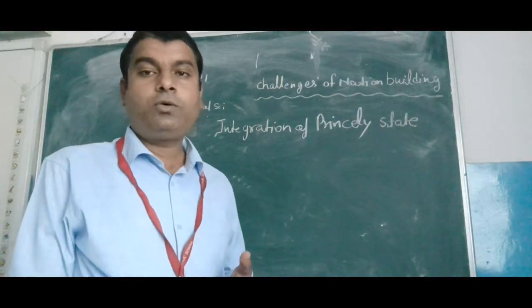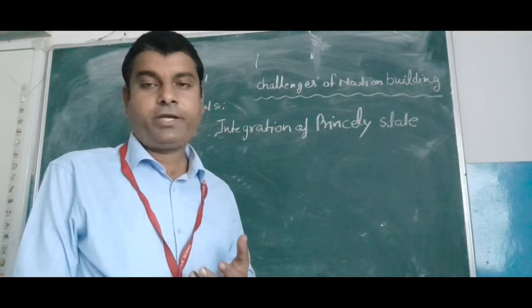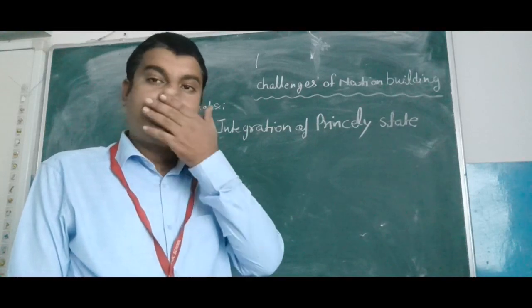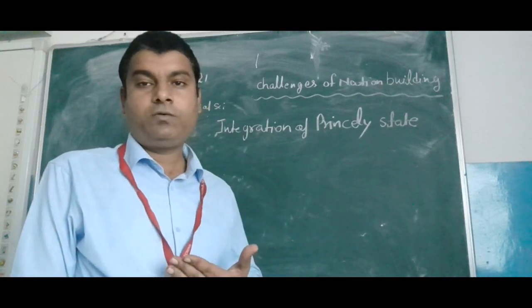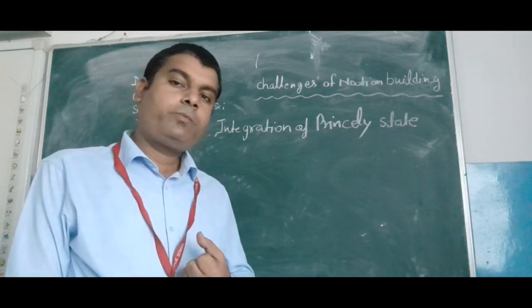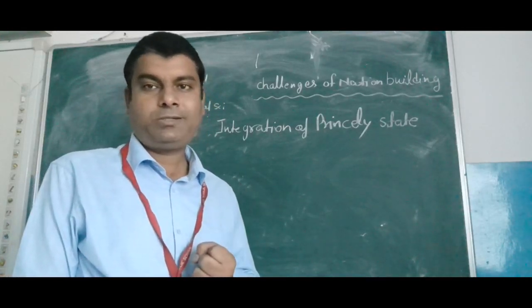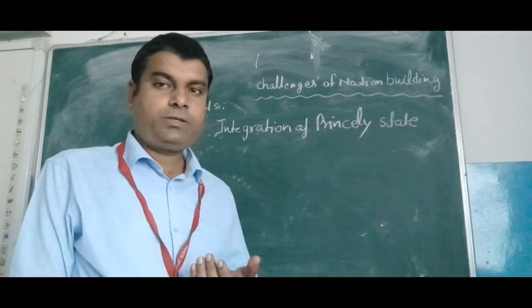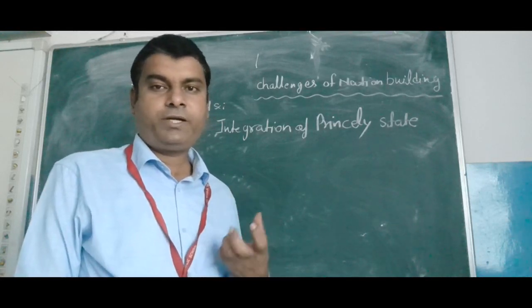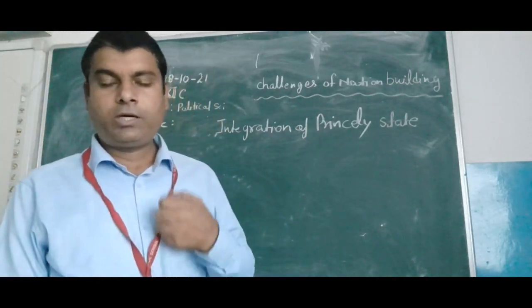Initially, class, the ruler of Travancore, the Nizam of Hyderabad and the ruler of Bhopal announced that they wanted to remain free. They wanted to remain free, class. So this was a big challenge for us: how do we convince them? Our government was using different tricks to convince the different princely states. Our first deputy prime minister and home minister Sardar Vallabhbhai Patel was using different tricks to convince them.